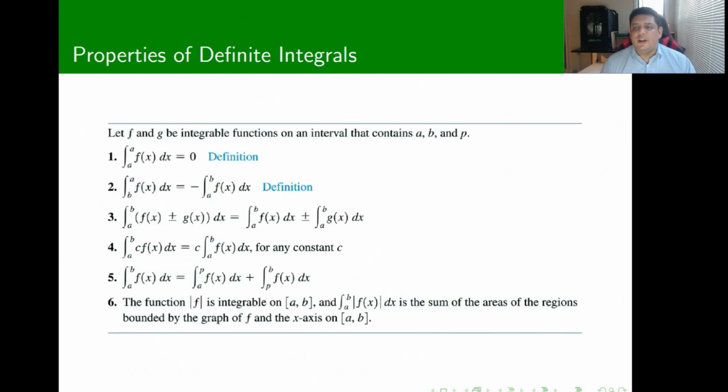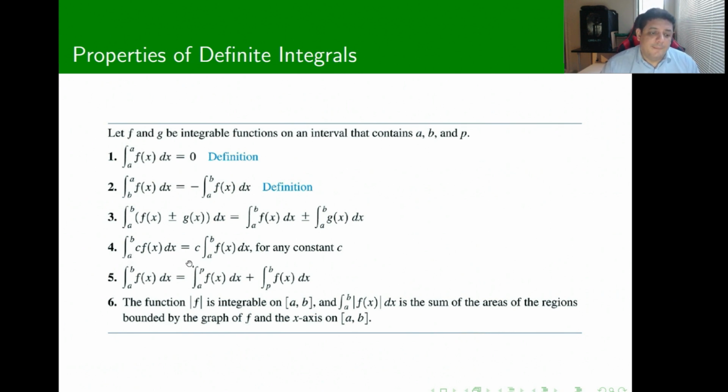Now, some properties of the definite integrals. First, the ones that we saw in the definition: the integral from a to a of f of x is 0, and the integral from b to a of f of x can be seen as minus the integral from a to b of f of x. And thanks to the antiderivative nature of integration, the integral of f plus or minus g is the integral from a to b of f plus or minus the integral from a to b of g.